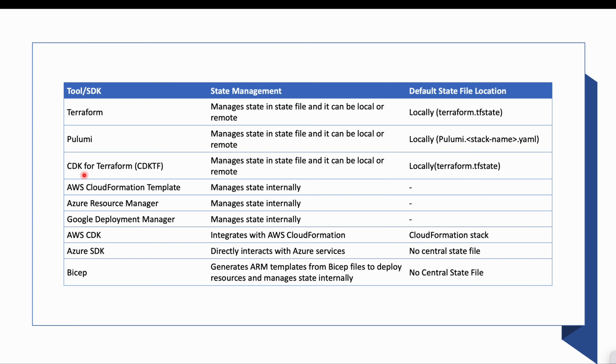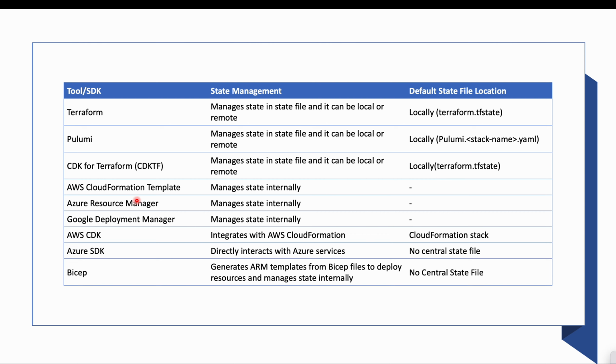And CDK for Terraform, which is also HashiCorp's own tool, uses the same approach as Terraform. So the state file can be stored locally or remotely, the default state file name is terraform.tfstate, and the default location is local.